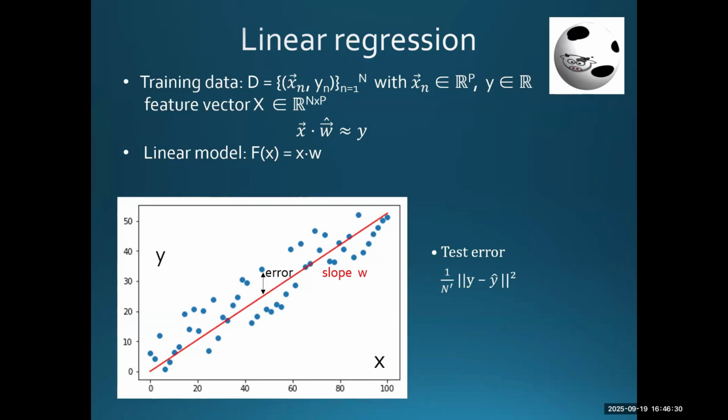What does the slope mean? The slope of this red line. The capital S was a vector. Yes, actually, it can be a vector. In this case, it's just schematic. In this case, X is one-dimensional, but usually X can be higher dimensional.